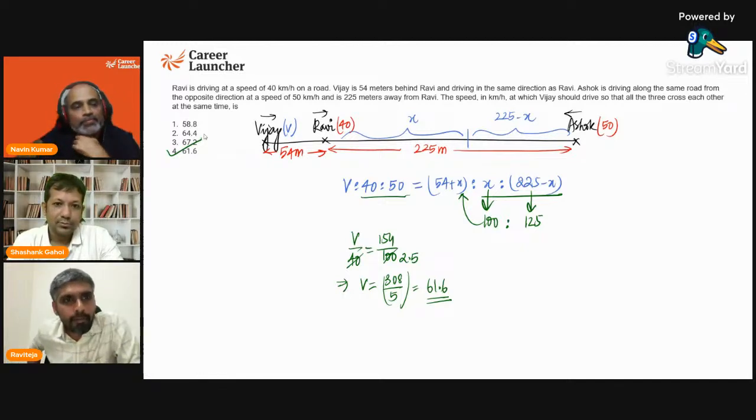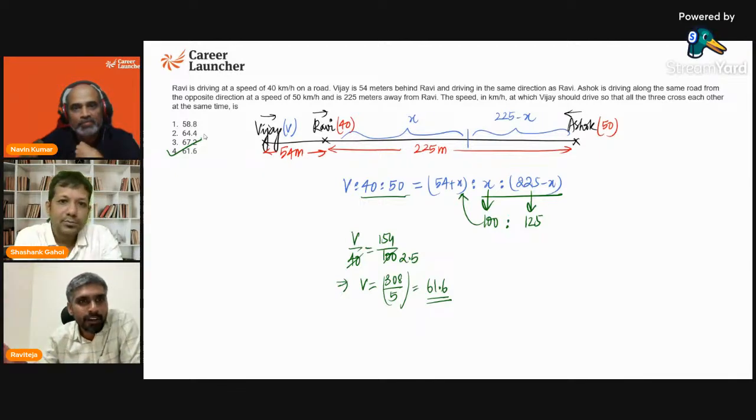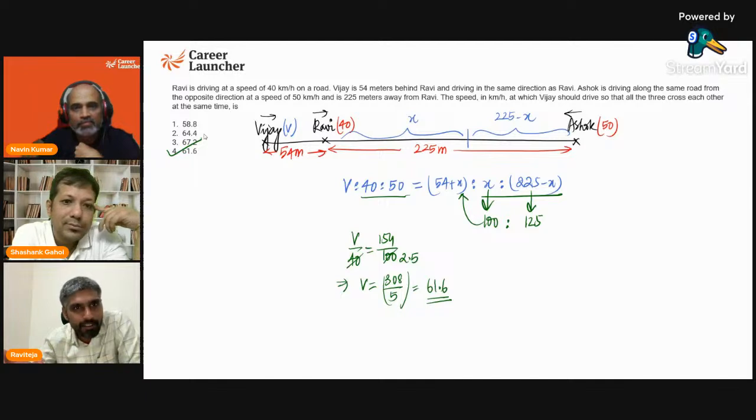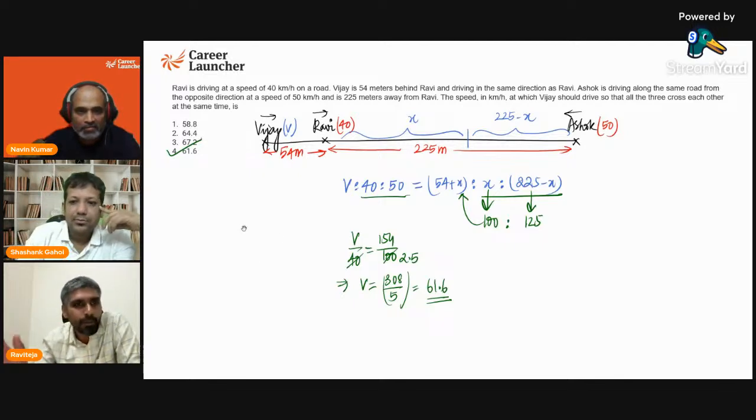The other alarming factor in this question, sir, is that two speeds are given in kilometers per hour and the distances are given in meters. So the immediate instinct will be to try and convert the speeds into meters per second, which could be avoided, because both the speeds are given in kilometers per hour and the question asked is also speed in kilometers per hour for the other person.